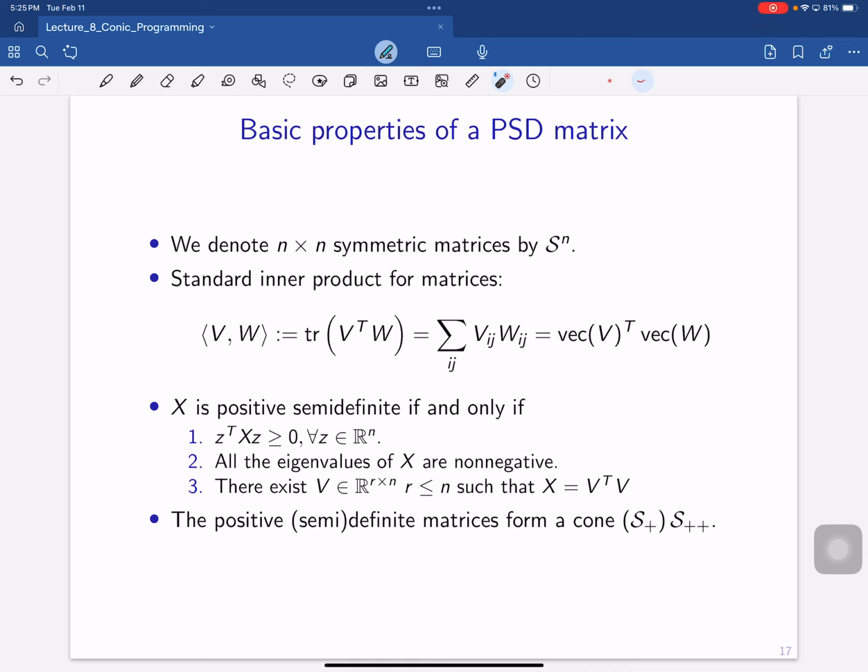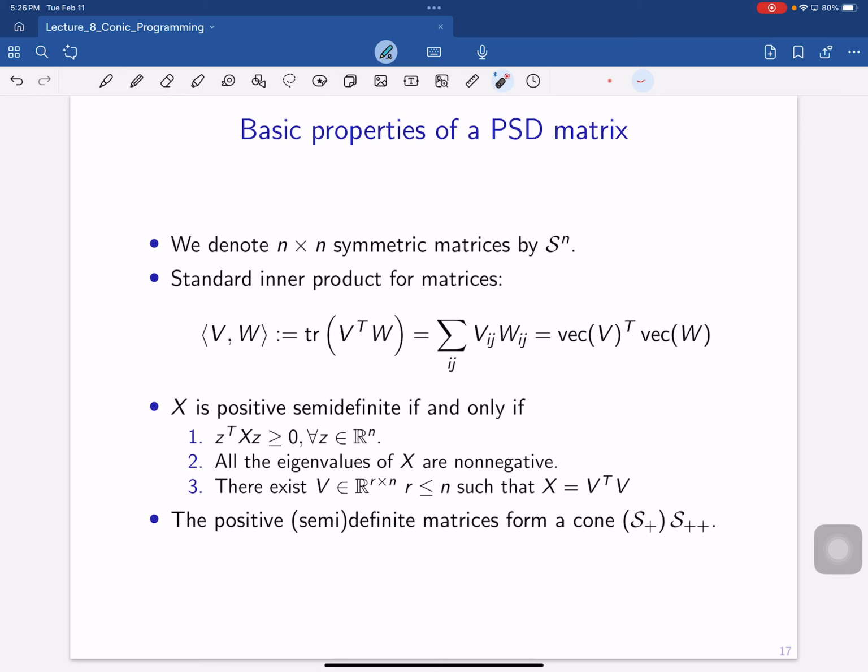What is the inner product of two matrices? It is equal to the trace of V transpose W. It is like a dot product in the vector space, the summation over all i and j of Vij times Wij. Then a matrix X is positive semi-definite if and only if for any vector z in R^n, z transpose X z is greater than or equal to 0, and all the eigenvalues of X are non-negative.